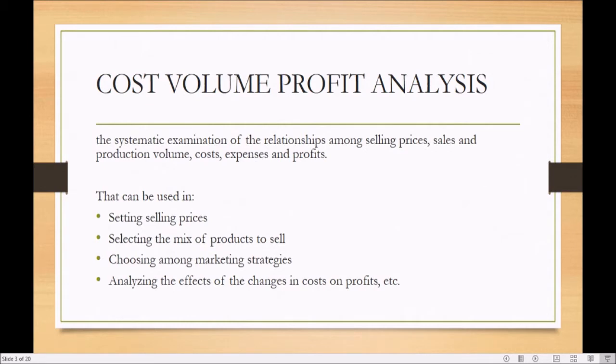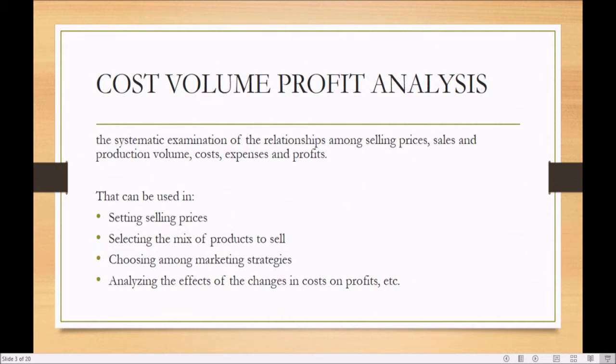Since the total fixed cost is used on multiple products, how do we say that this product should be sold in greater quantity than the other product in order to achieve the break-even or the income we want to achieve? So, the cost volume profit analysis technique will give us an answer for that. Later on, I will discuss that.